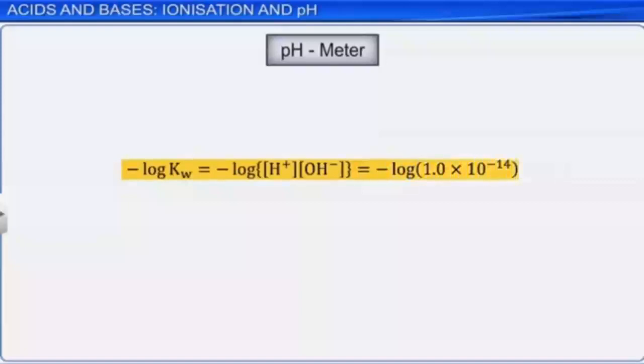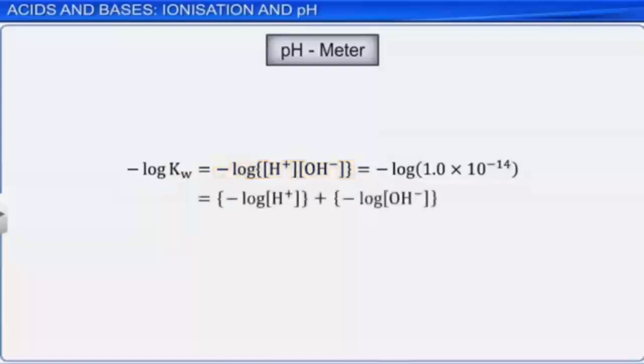Negative log of H plus and OH minus ion concentrations can further be written as negative log H plus ion concentration and negative log of OH minus ion concentration. This is equal to negative log of 10 to the power of minus 14.